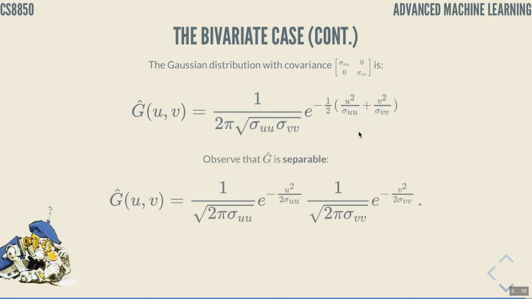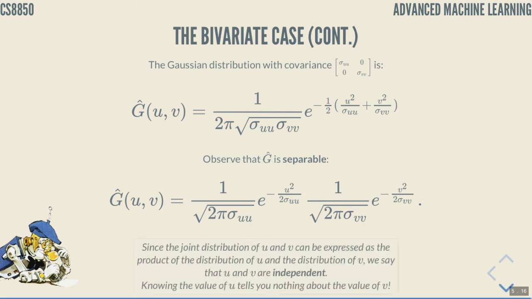And look what happens. It's decomposable into a product of two distributions. Both of them are Gaussian. That means a Gaussian with diagonal covariance is separable, and we can represent it as a product of distributions that correspond to each of the random variables of that Gaussian.